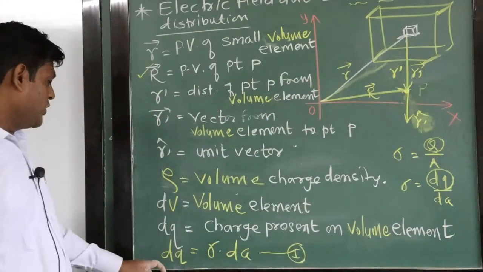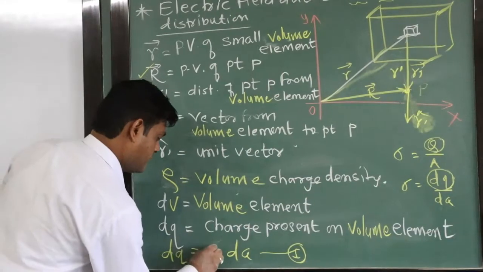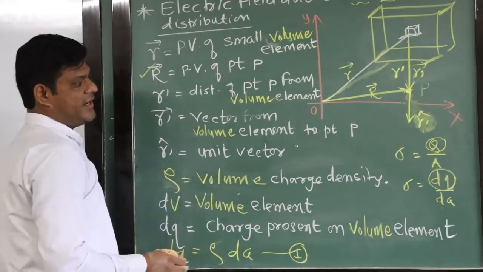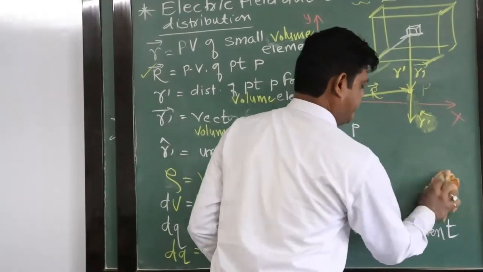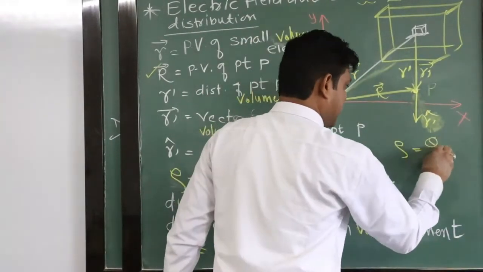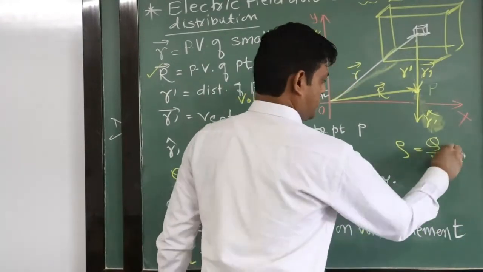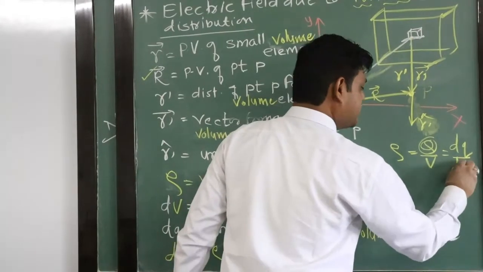Right, dq equal to what? Rho into dA, right? Writing this. What is the rho? Charge per unit volume. So what are the q? That is the dq. What is V? That is dV.